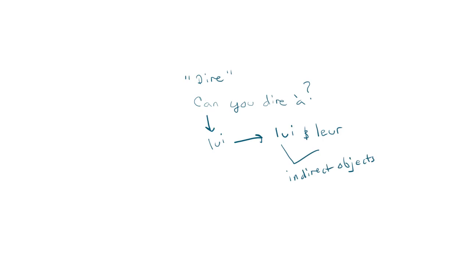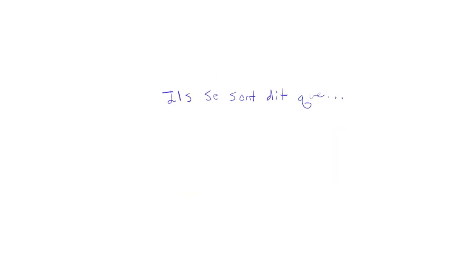But the rule is that if it takes an indirect, then you just don't agree at all. It doesn't matter. So, for example, you could say ils se sont dit que, dot dot dot. Notice there's no agreement, because it takes an indirect object. Dire takes an indirect object, and this is reciprocal. So no agreement.